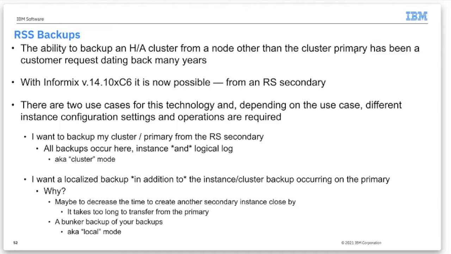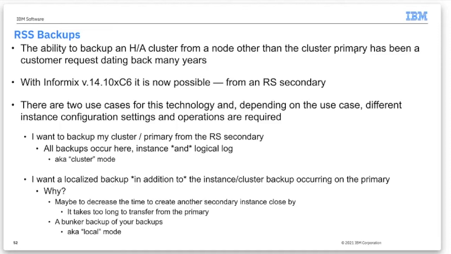Or you might need to create an additional secondary or want to have an additional standalone node, and the transfer of information between the primary backup location and wherever your target is would take too long to execute. You can create a localized backup closer to the target and get it up and running quicker.